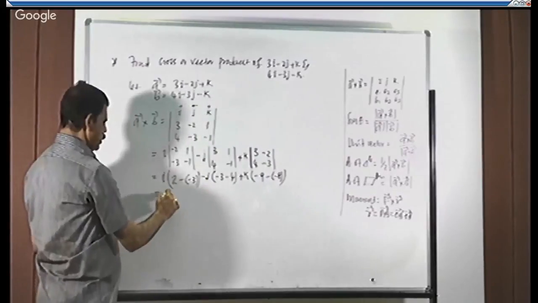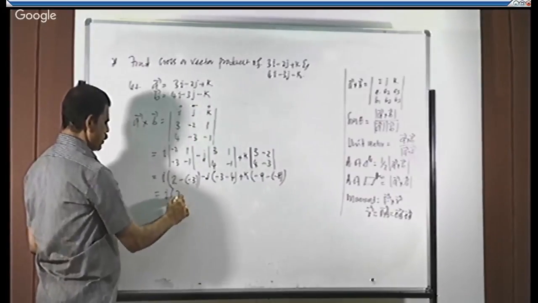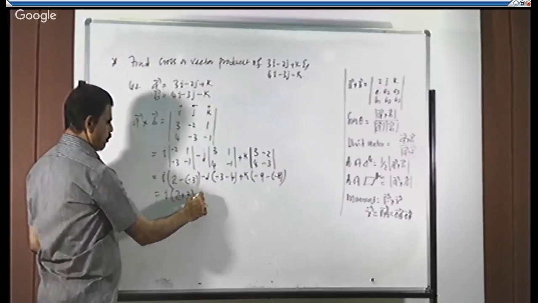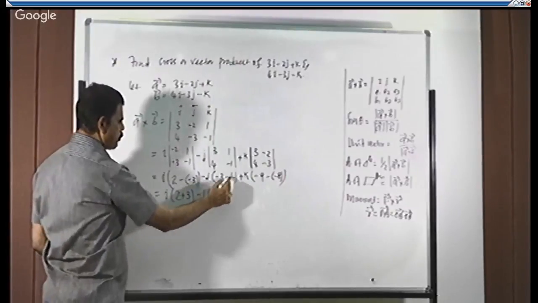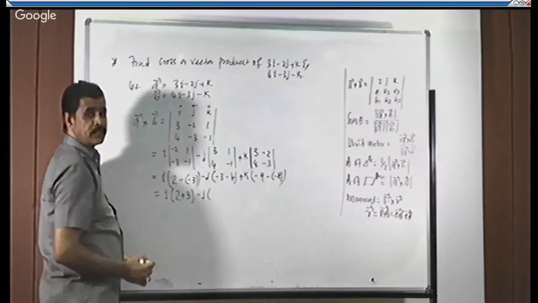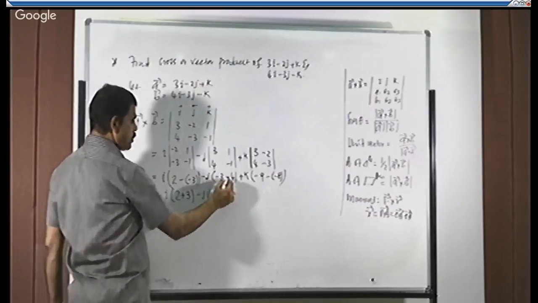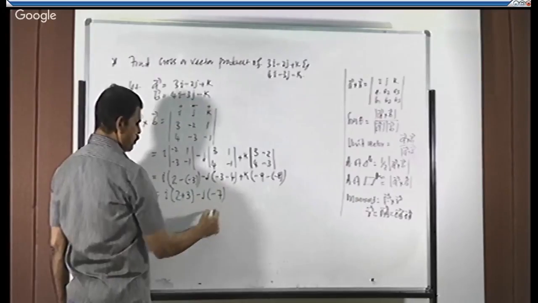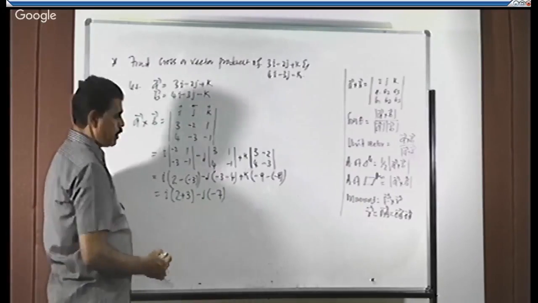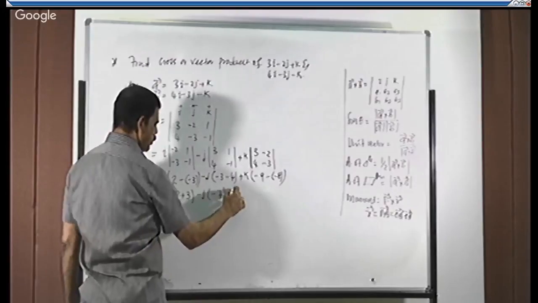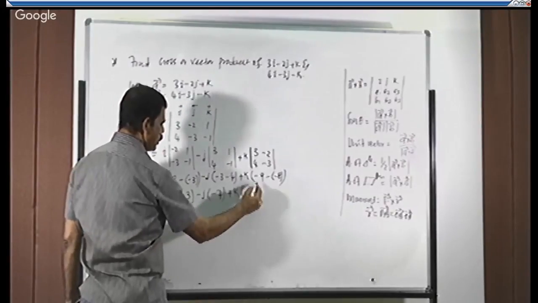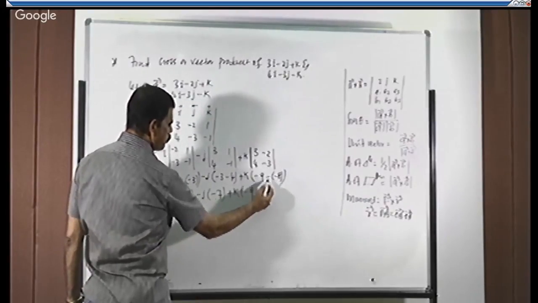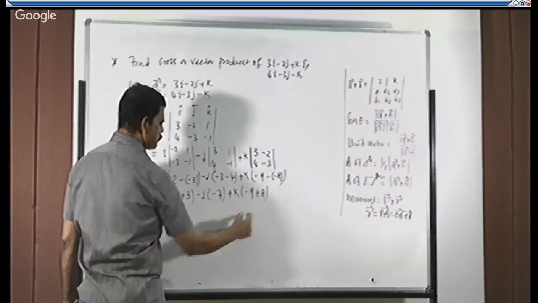Then i into 2 minus of minus plus 3. Minus j into minus 3 minus 4. When we have the same sign, we should go for addition. Minus 3 minus 4 is minus 7. We take the common sign and add the numbers. Plus k into minus 9. Remove this bracket; minus into minus is plus 8.